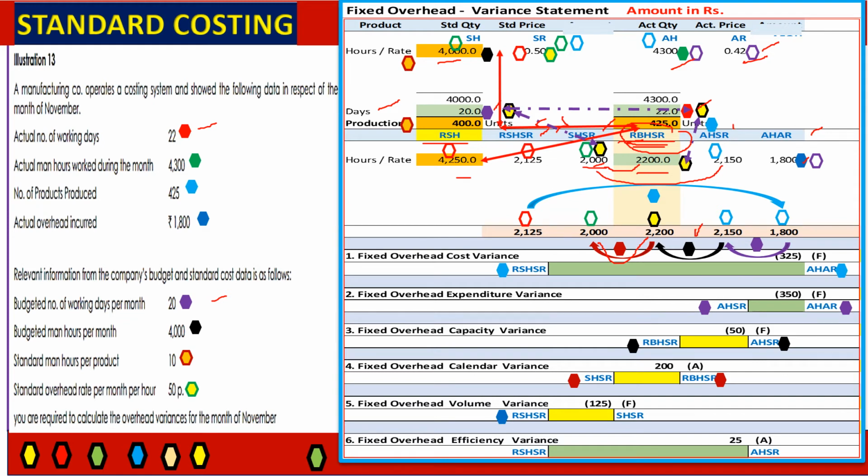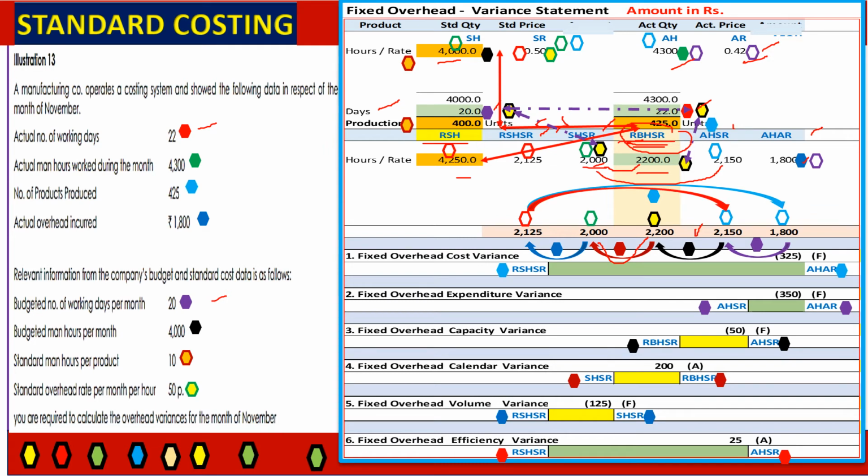Then comes the volume. Volume is once again SHSR to RSHSR. If we look into 2000 to 2125, 125 is negative, therefore it is favorable. And last one is efficiency, excluding the rate, that is from AHSR to RSHSR, that is 2150 minus 2125 is 25 positive, which is adverse.